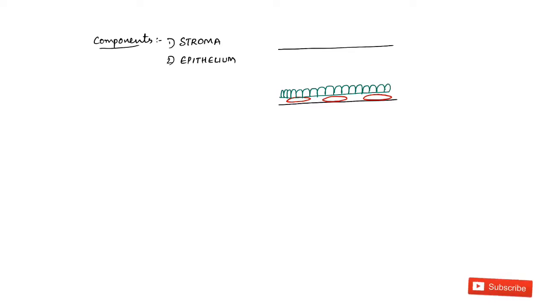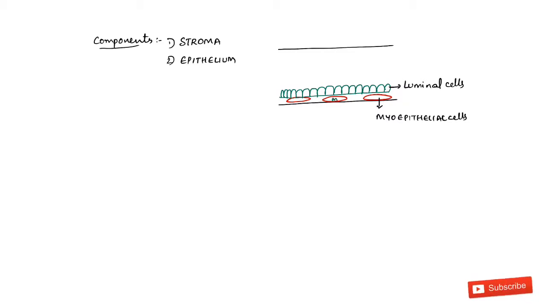So this part is luminal cells and this part is myoepithelial cells. How to remember which is inside and which is outside?